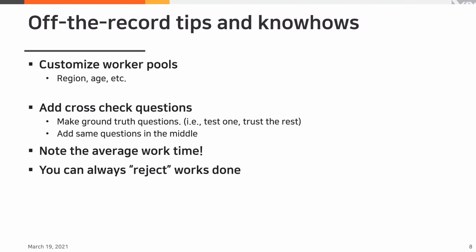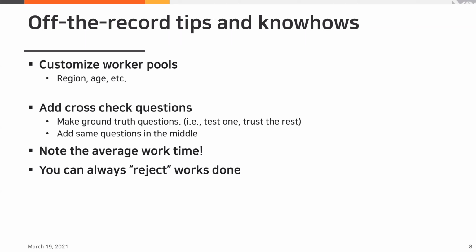And these are some of the off-the-record tips and know-hows. As I mentioned before, you can customize the worker pools by region, age, and so on. I do hesitate to mention this in the seminar, but several researchers did mention that they have trust issues regarding certain age groups or region groups.